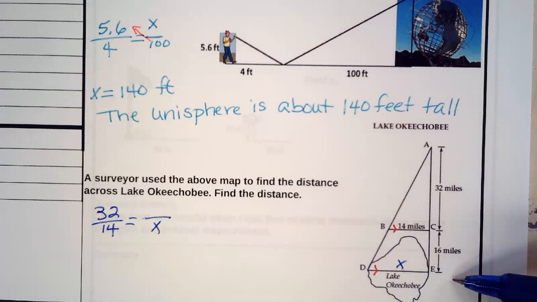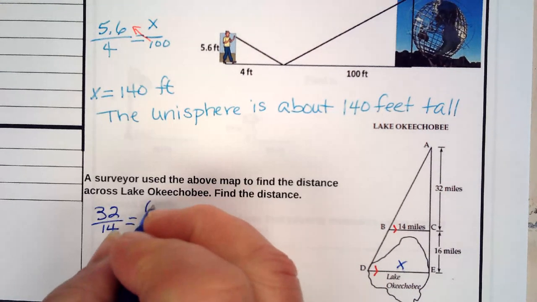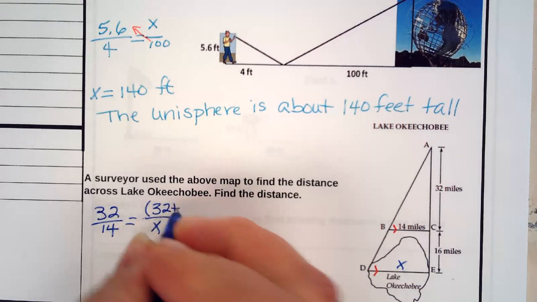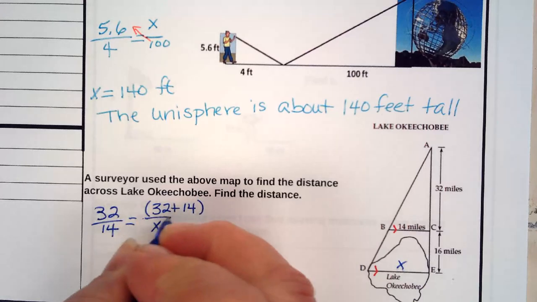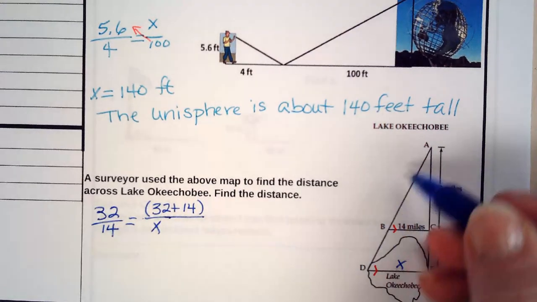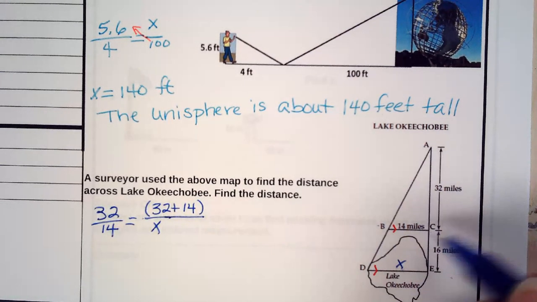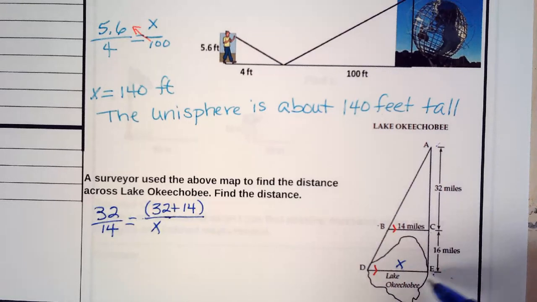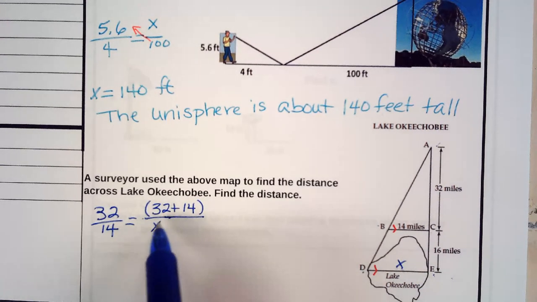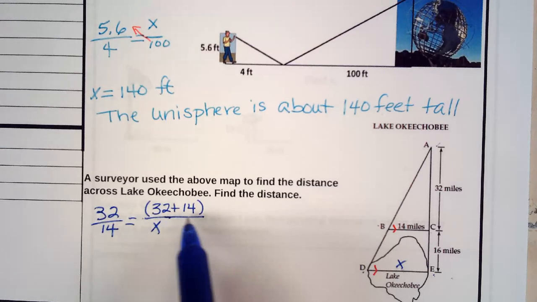We need this whole distance, 32 plus 14, because we're looking at the whole side, whole side, whole side, whole side. So 32 plus 14 would be 46.